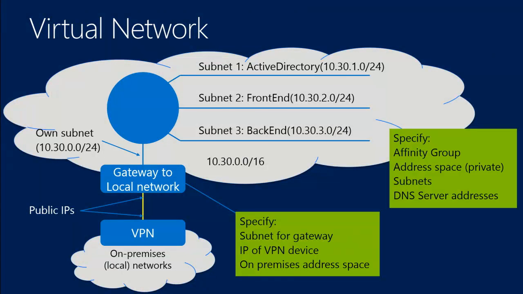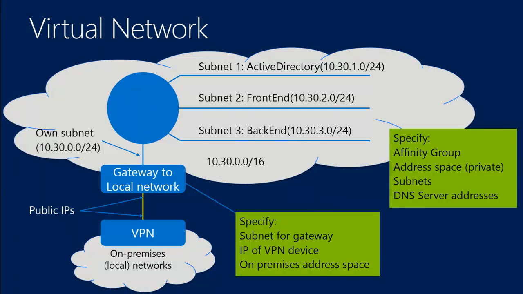The next thing is, if you want a gateway, what you'll have to do is specify a subnet for the gateway. You will need to specify the IP address of your VPN device, right? And you will need to specify the address ranges for your on-premise network. Because if you think about it, we need to know what to route down to on-premises.